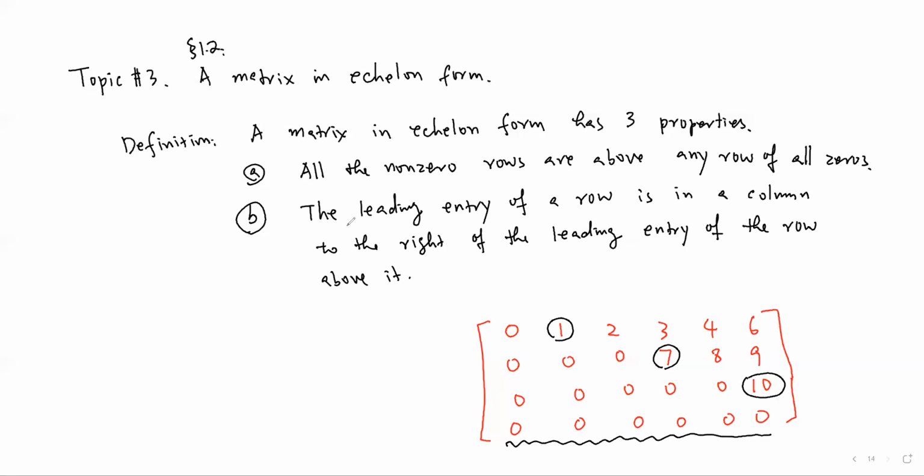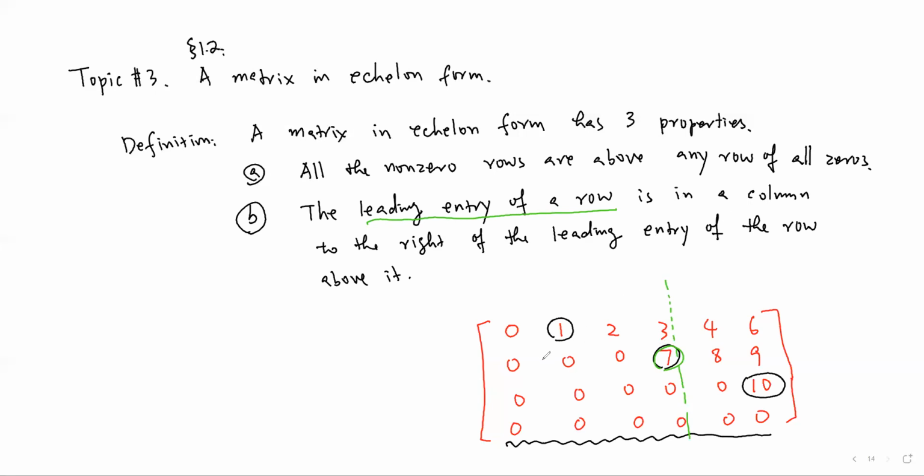Property B says that the leading entry of a row, say for example, consider the second row, leading entry is 7, is in a column to the right of the leading entry of the row above it.